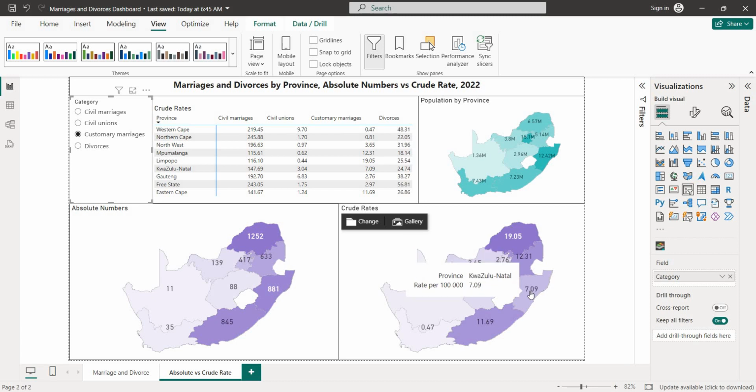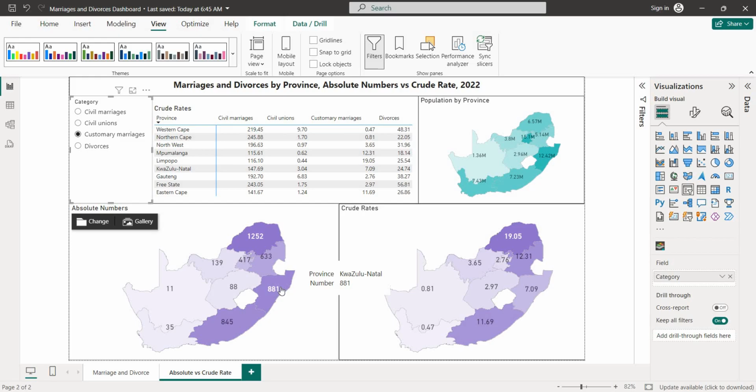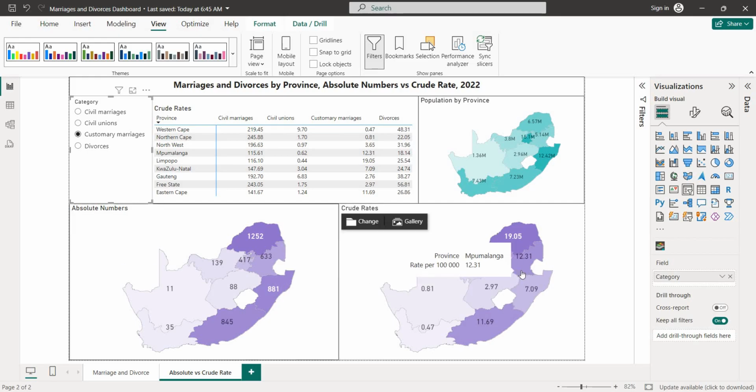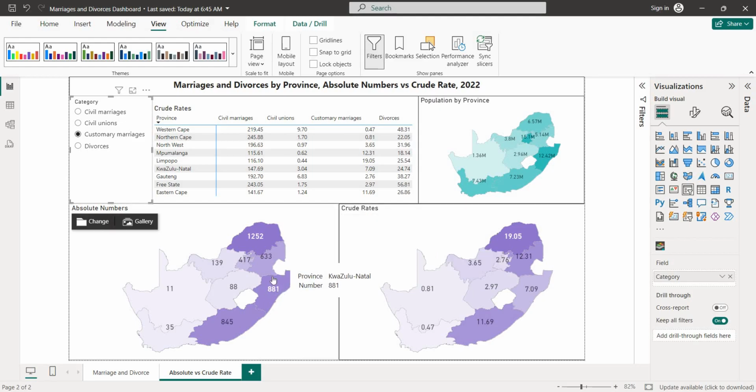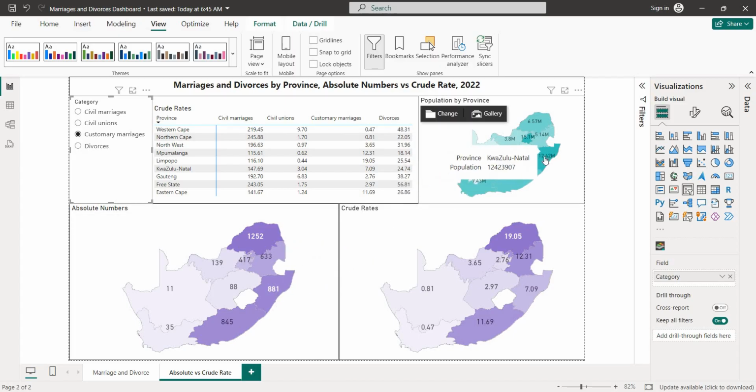So absolute numbers give the impression that KZN has more customary marriages than Mpumalanga, but looking at it from a relative perspective, Mpumalanga would have more than KZN. So this absolute number relative to Mpumalanga is actually more a consequence of the significantly higher population of KZN compared to that of Mpumalanga.